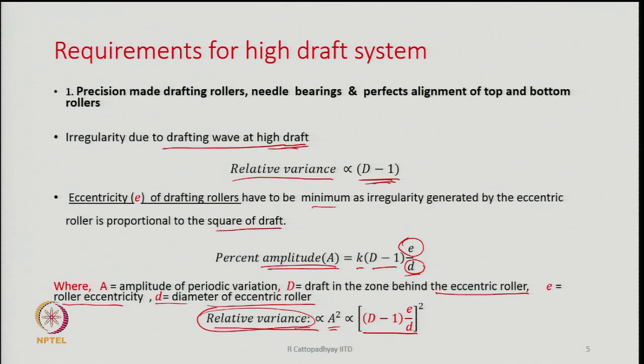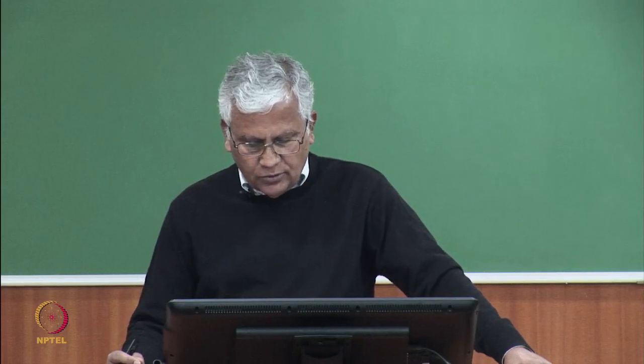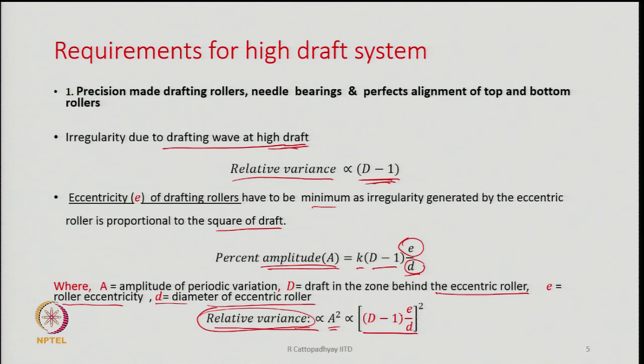So, a small increase in eccentricity will make a big difference in the irregularity of the drafted sliver. After the sliver is drafted, whatever fleece we generate out of it will be highly irregular, because it is proportional to the square of draft, (d minus 1) whole square, and also proportional to the eccentricity square. So, therefore, an eccentric roller means too much generation of irregularity.